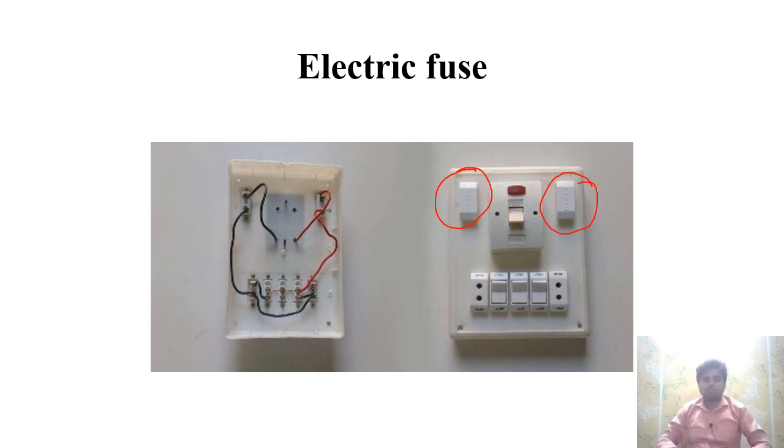So students, the electric fuse is generally put on the board to protect all the electrical appliances present in our houses. Okay, so how does it protect the electrical appliances in our houses?